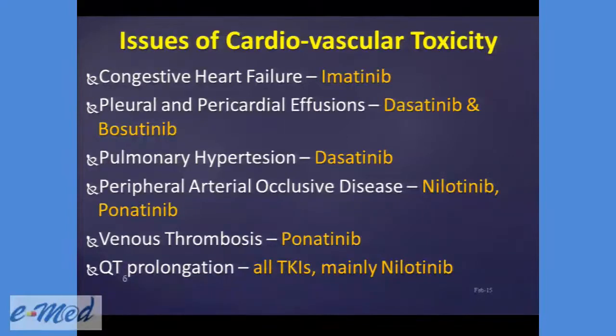Peripheral arterial occlusive disease is more and more described as an adverse event of nilotinib, while ponatinib is associated with both arterial and venous thrombosis. All TKIs, but mainly nilotinib, can induce QT prolongation. This side effect will not be discussed today.